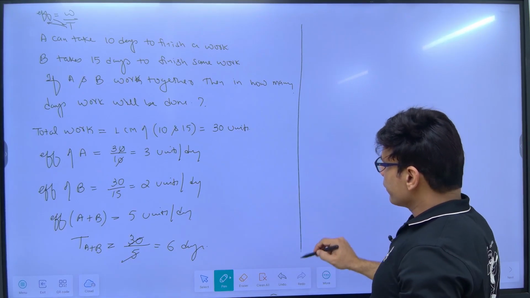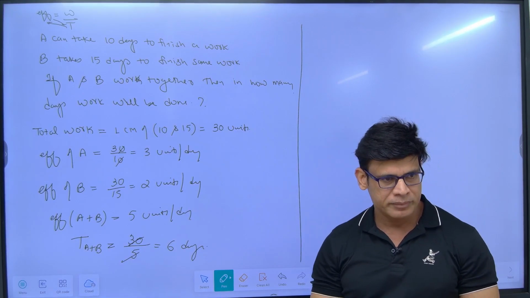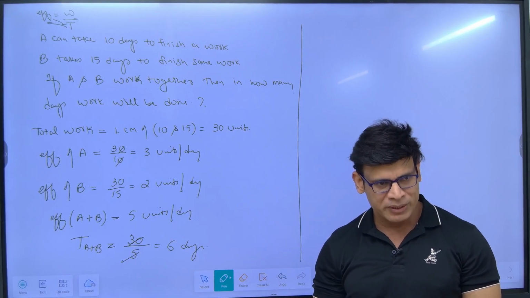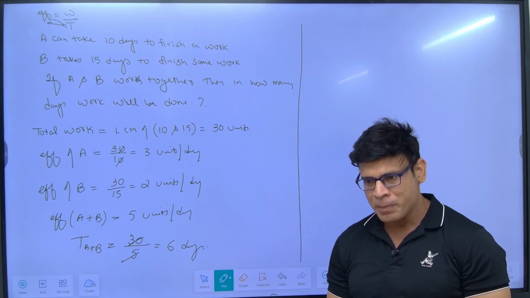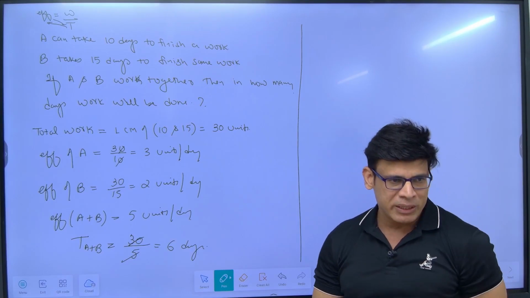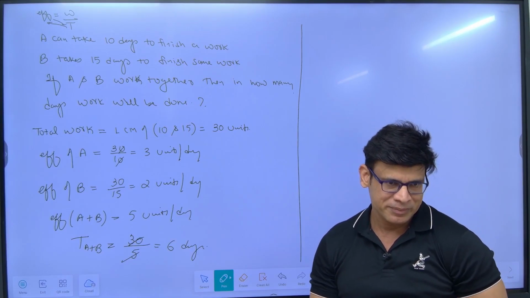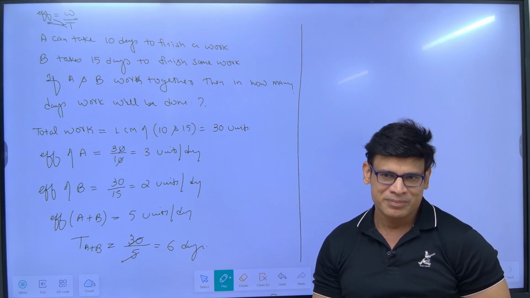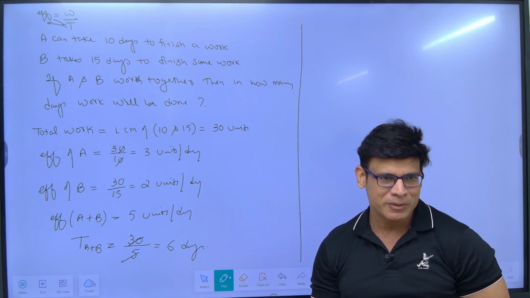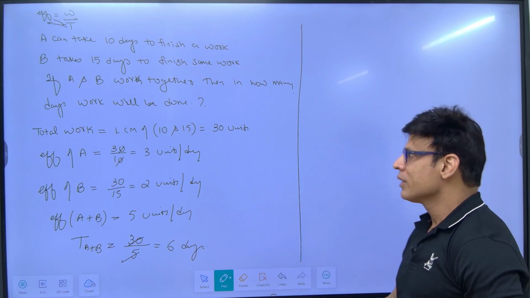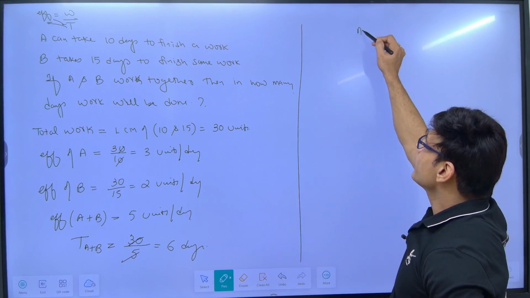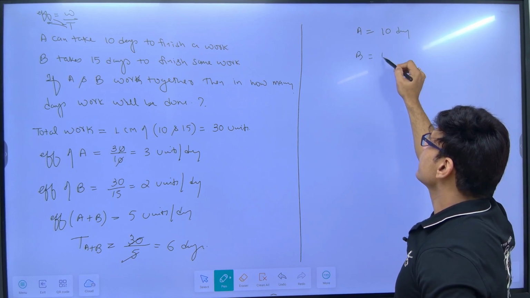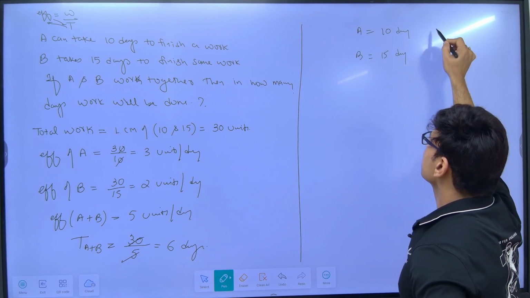Now in this entire question, what is constant? Work, right? Work is constant. Both of them are doing the same work. If work is constant, then efficiency and days are inversely proportional. Remember that? So A can do this work in 10 days and B can do it in 15 days, right?